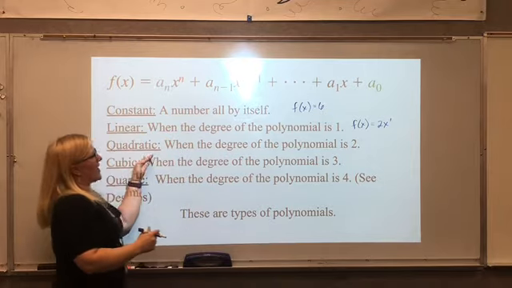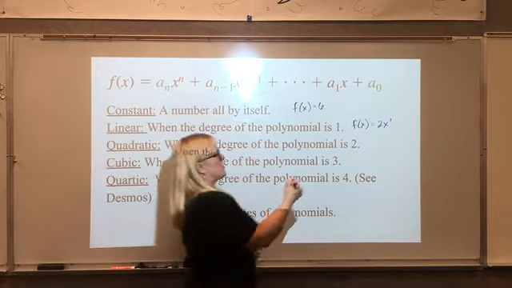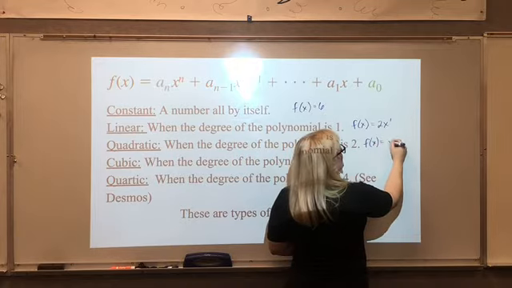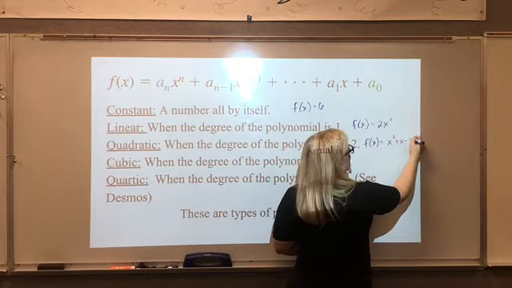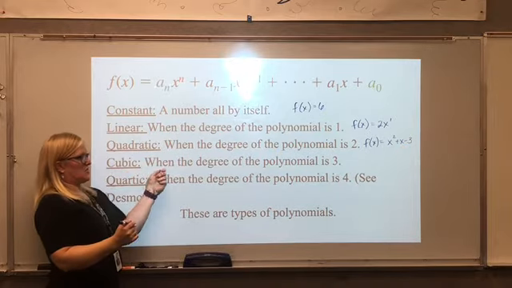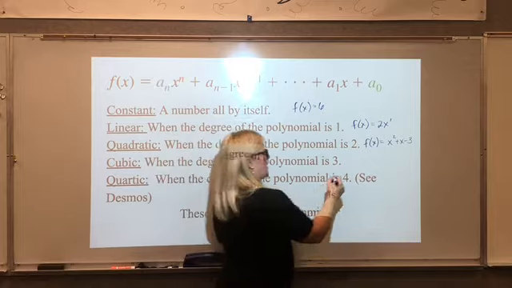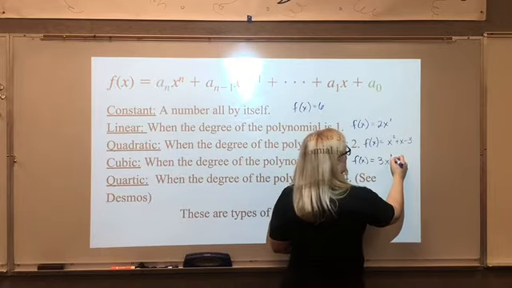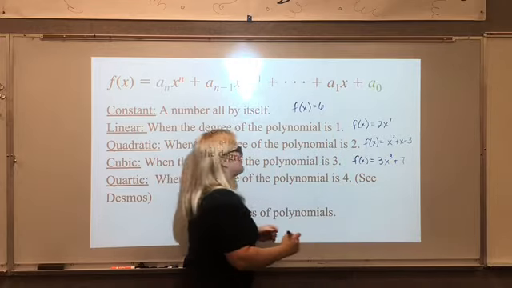Okay, quadratic when the degree of the polynomial is 2. You guys know these. Okay, and we could say x squared plus x minus 3 or something. Okay, cubic is when the degree of the polynomial is 3. So f of x equals maybe 3x plus 7 or something like that.